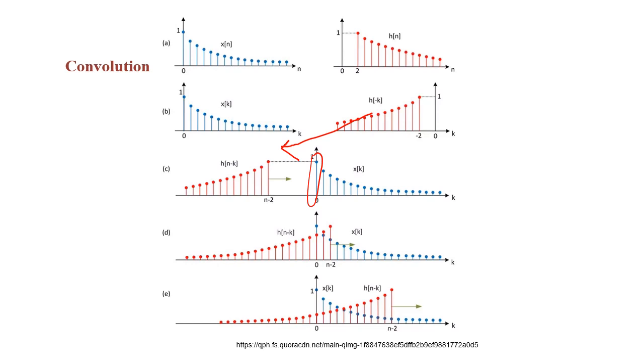Notice that once the first two elements overlap, you can figure out the length of your convolution. It will be the length of the first signal plus the length of the second signal minus 1. Minus 1 is because of the first overlapping.